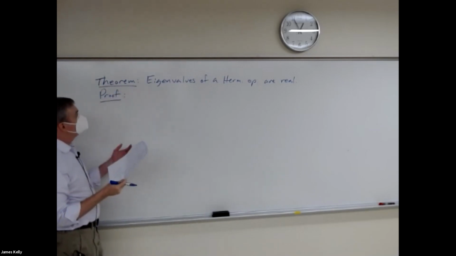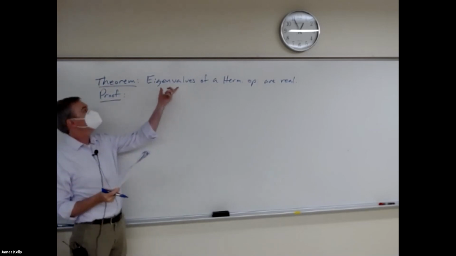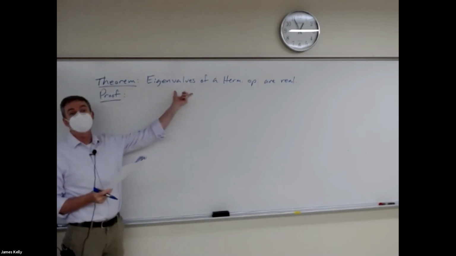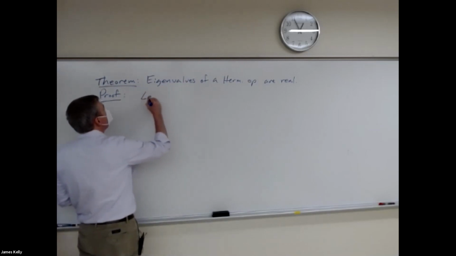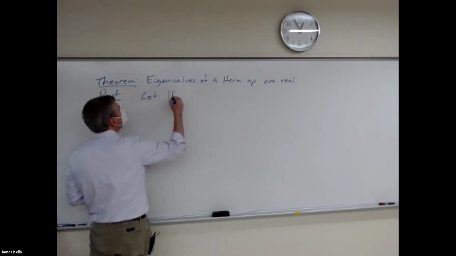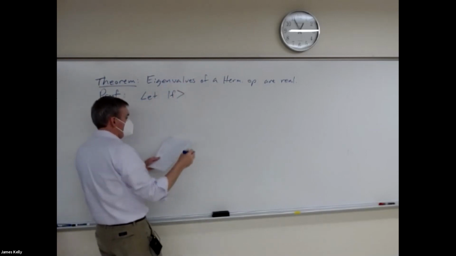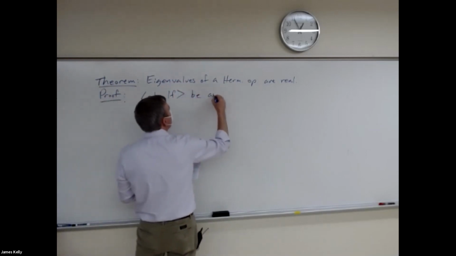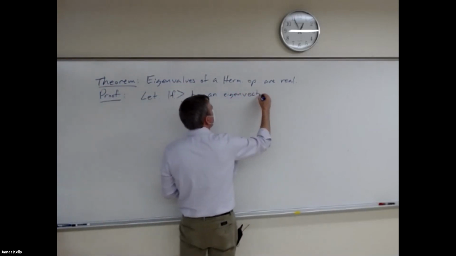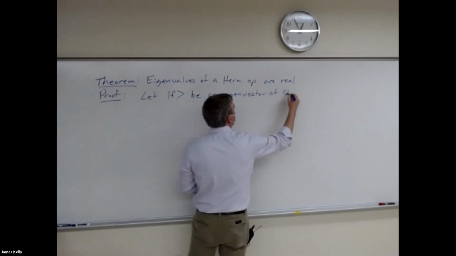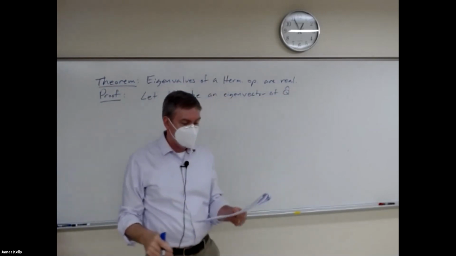In order to use the proof, if we're talking about eigenvalues, there's some eigenvalue and a corresponding eigenvector. So let this vector f be an eigenvector of some Hermitian operator.